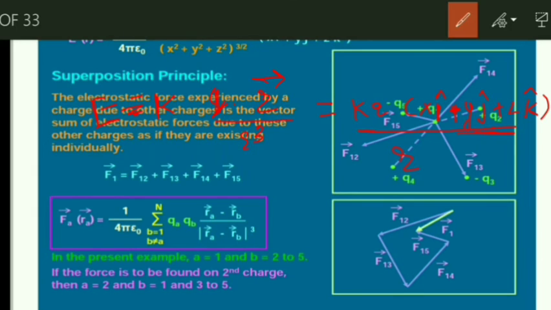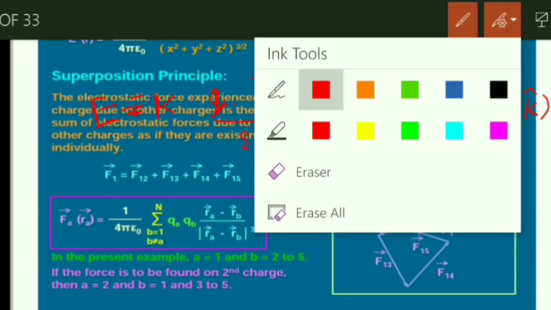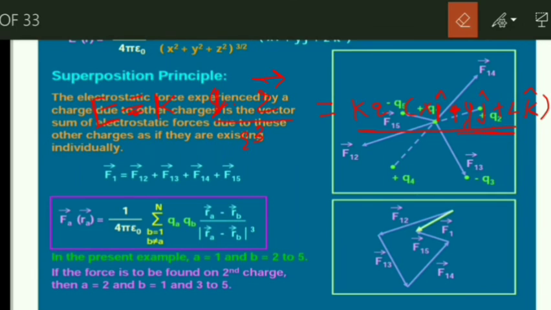And what was r? r is the magnitude, which was the square root of x square plus y square plus z square. Root means power 1 by 2, and there is a cube power of this, meaning this will be multiplied by 3, and we have 3 by 2 in the denominator. So this will be the electric field in terms of coordinates.